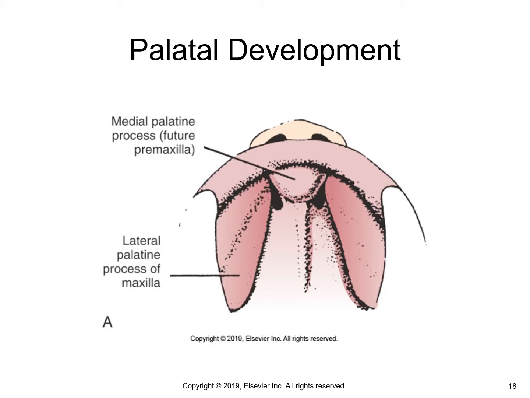Here's if you were to look up at the palate while it's developing. You've got the medial palatine process, which will become the future premaxilla. And then we've got 2 lateral palatine processes that will grow towards the midline and come together in the middle.